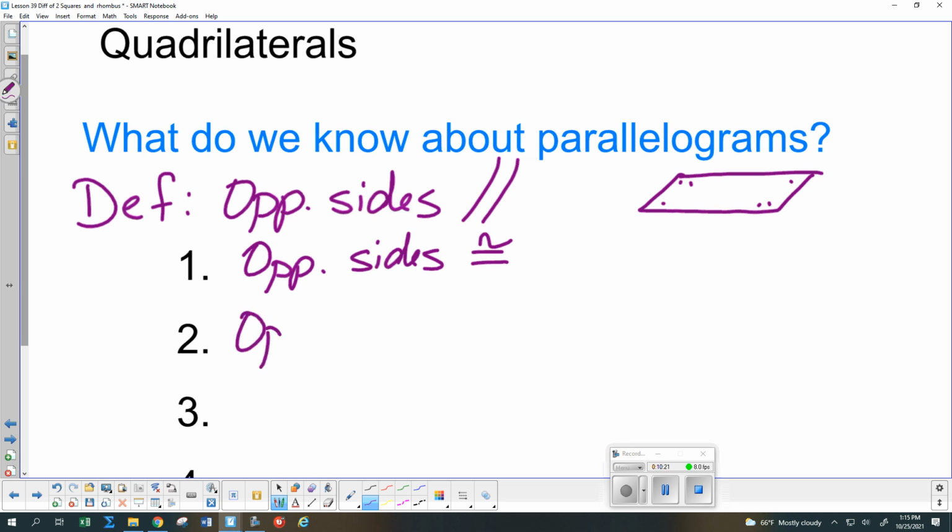So opposite angles are also congruent. And again, that's not bad. We've got standard abbreviations, standard symbols for angles and for congruent. And we can shorten opposite. Just a few letters there. There was another thing, another way we could look at angles in a parallelogram and come up with something. Rick?